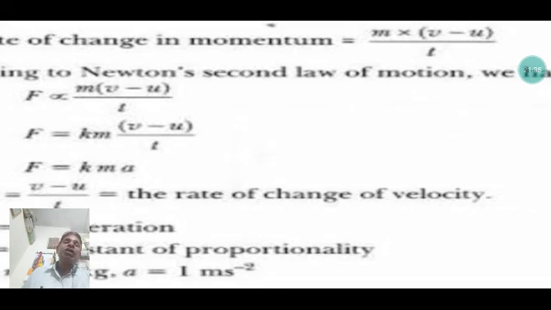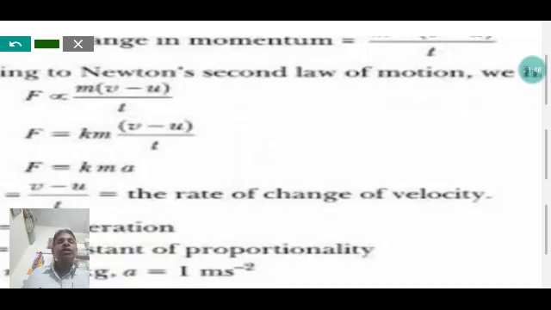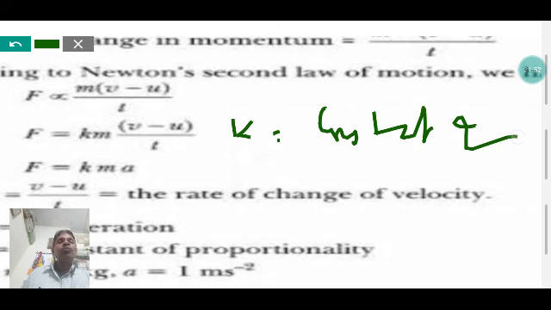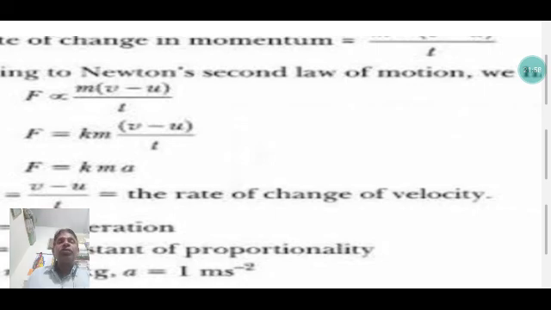According to the first equation of motion, (v minus u) by t is equal to a. If you put the value of a here, we get F is equal to kma, where k is the constant of proportionality.